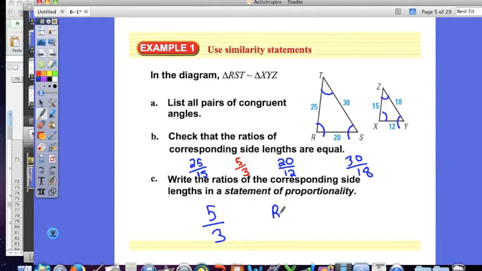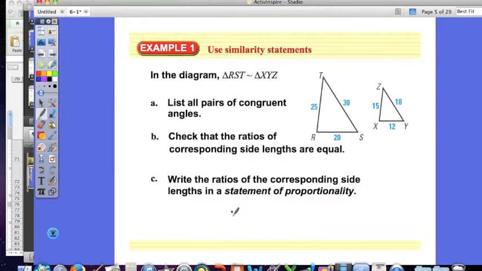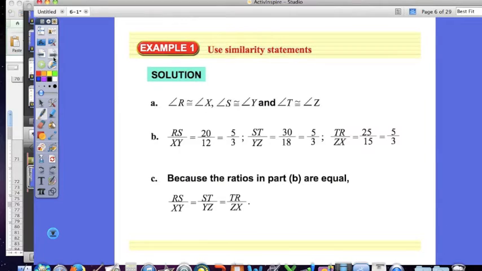So what they wanted was that RS over XY is equal to ST over YZ, which is equal to RT over XZ. Okay.